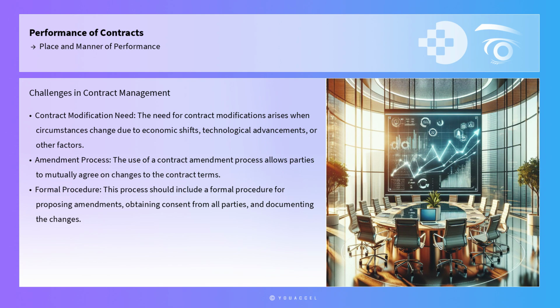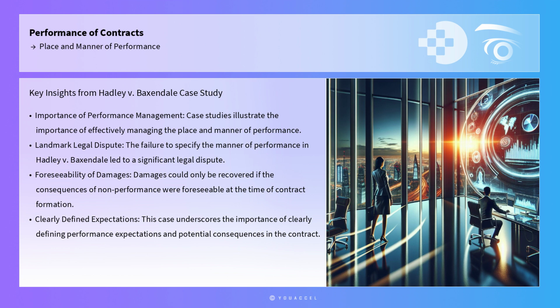This process should include a formal procedure for proposing amendments, obtaining consent from all parties, and documenting the changes. By establishing a clear amendment process, parties can adapt to changing circumstances while maintaining the integrity of the contract. Case studies illustrate the importance of effectively managing the place and manner of performance.